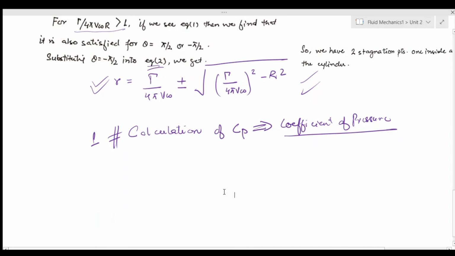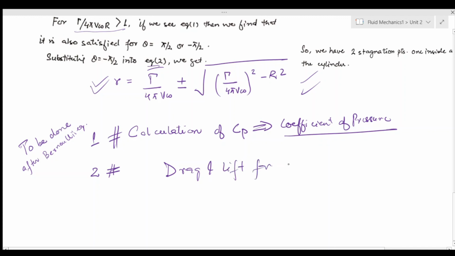One portion to be done after Bernoulli's equation is the calculation of Cp, and the other topic would be finding drag and lift forces.